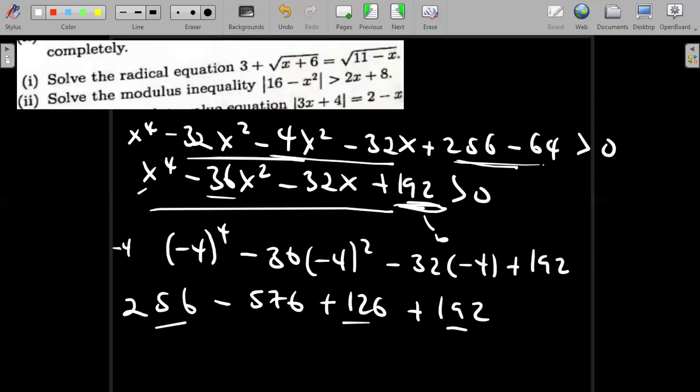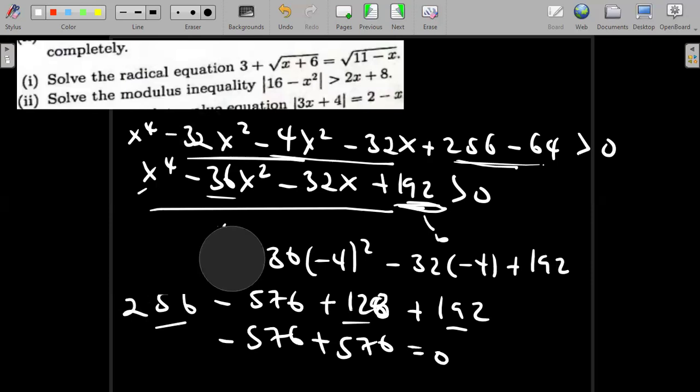Then here when we multiply 32 by 4, we get 128. This is supposed to be 128, not 126. Then 128 plus 192 plus 256 gives us 576, then minus 576, and this gives me 0. So meaning negative 4 is a factor of this polynomial.